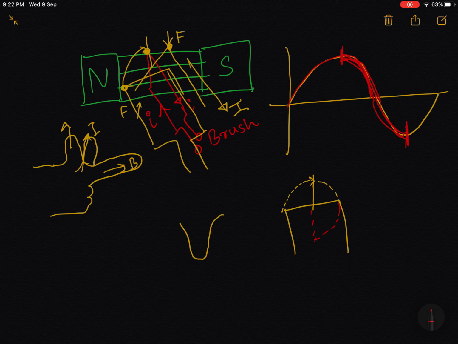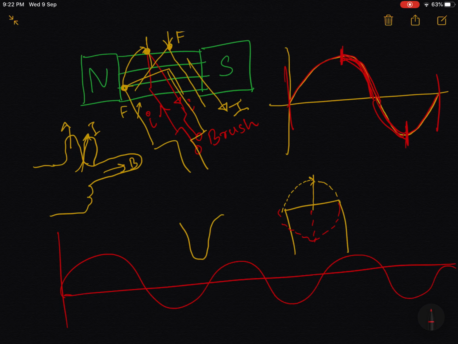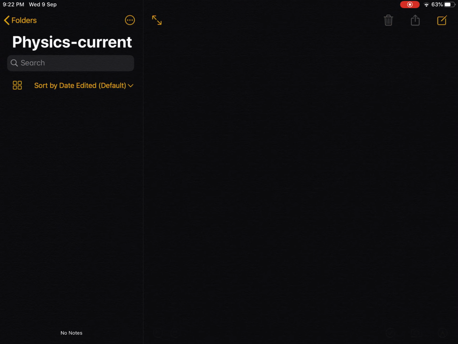This is the downfall, and after that the coil reaches to where it was. So this is one complete cycle, and this is how alternating current is produced by the continuous rotation of this coil.